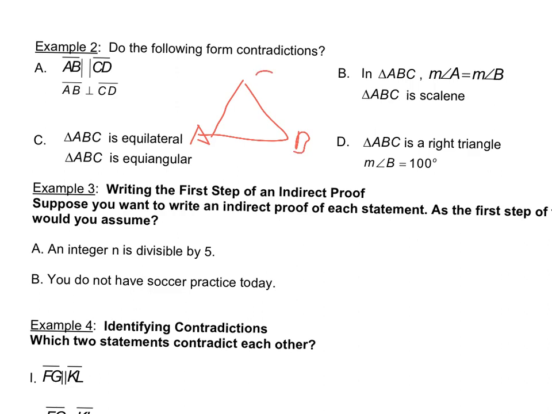If all three sides are different, that means all three angles are different. Whereas a triangle with angle A equal to angle B, we learned the converse of the isosceles triangle theorem: if two angles of a triangle are congruent, then the sides opposite them are congruent. So notice in the picture, this is a contradiction.